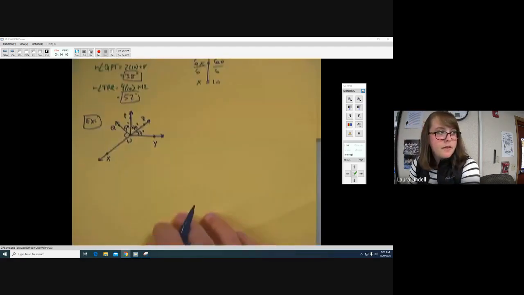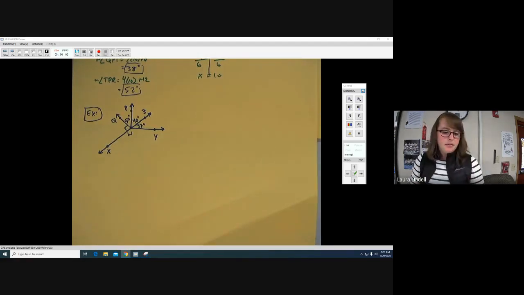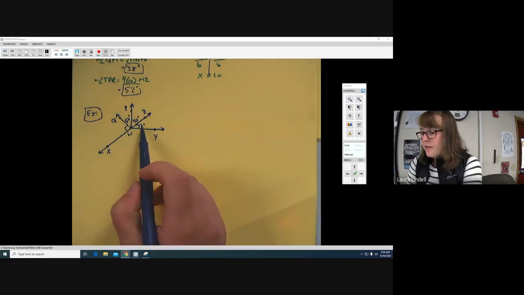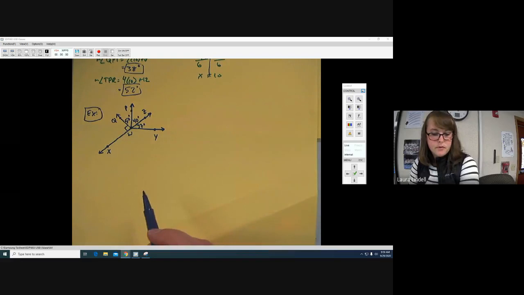Okay. So they could give us a picture like this and ask a lot of different questions about this picture. I'll give everyone a sec to draw the picture. The angles here should be 37 degrees, 40 degrees, 50 degrees, and then a right angle right here. Okay.